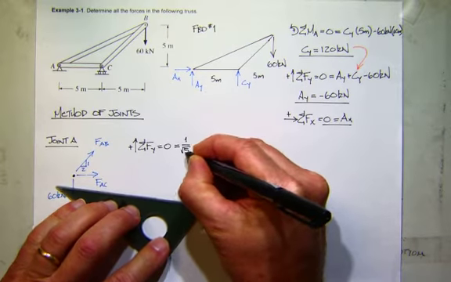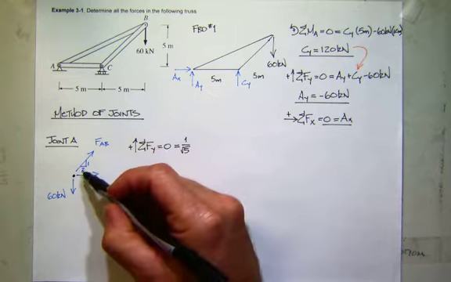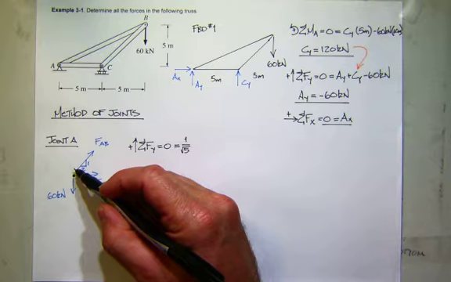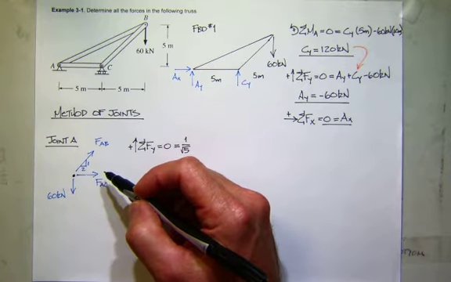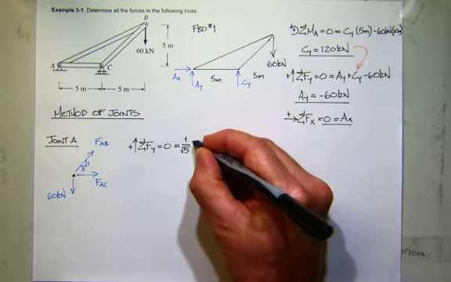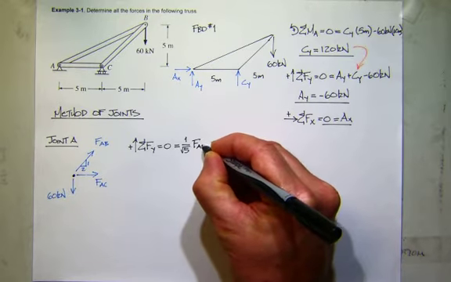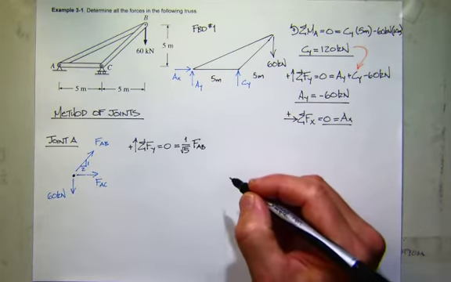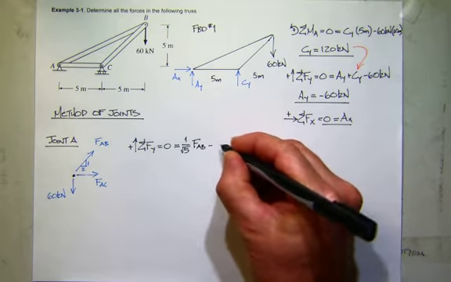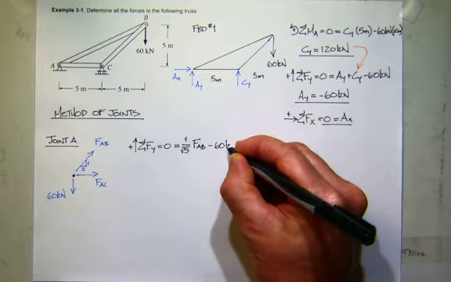And how do you get square root of 5? 2 squared plus 1 squared is 5, and the hypotenuse would be the square root of 5. So that's really the y component: 1 over the square root of 5 times FAB, and it's acting up. So for my sign convention, that's positive. And then what's left? The negative 60 kilonewtons. Negative 60, yeah, negative 60 kilonewtons.